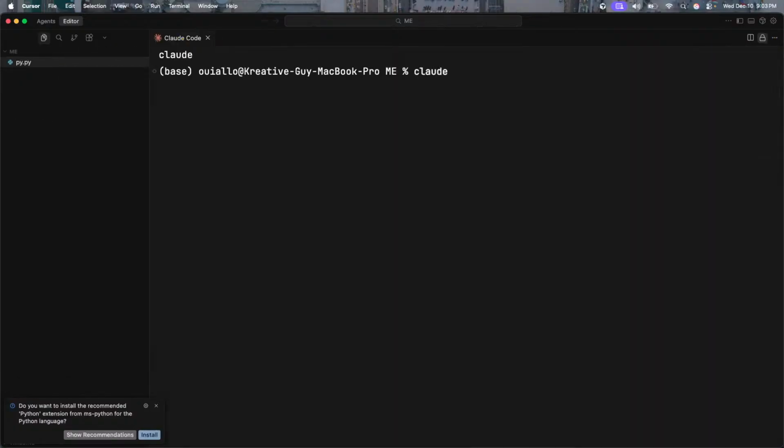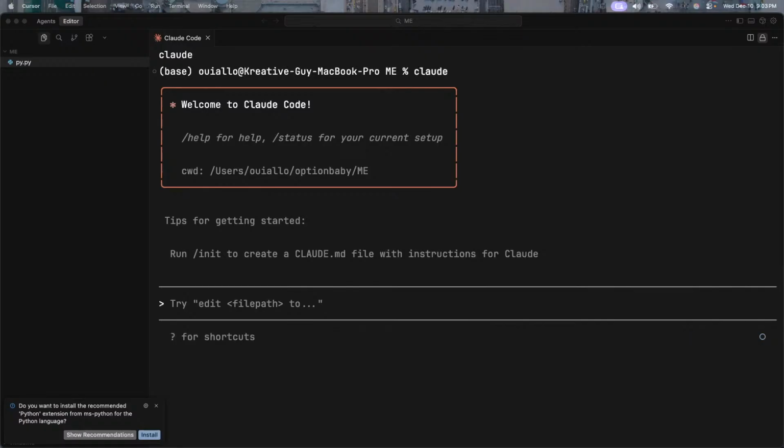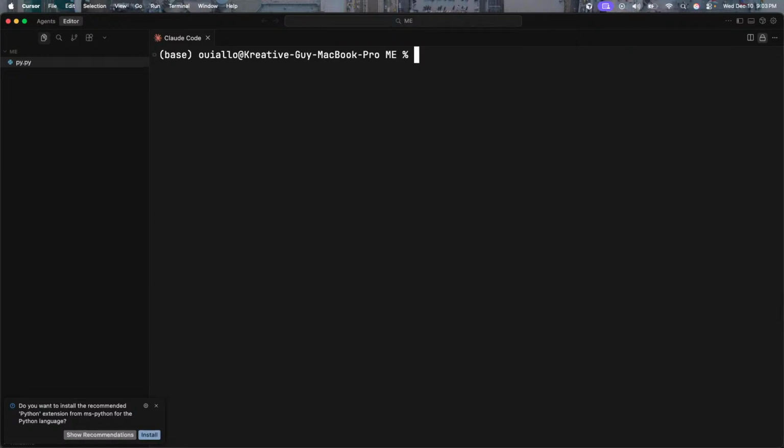And we're going to be using Claude Code. Inside Claude Code, we're using 4.5 Opus. So as you can see, we're using the 4.5 Opus model.